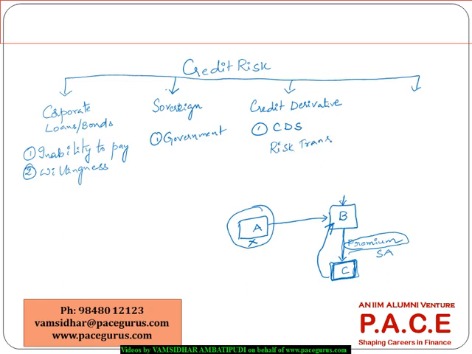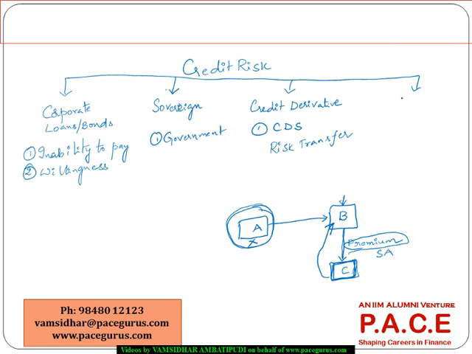So in the case of risk transfer securities, again, one party could still be at risk depending on the credit quality associated with the underlying borrower. So that is one more area which we have to look at when we talk about credit risk.